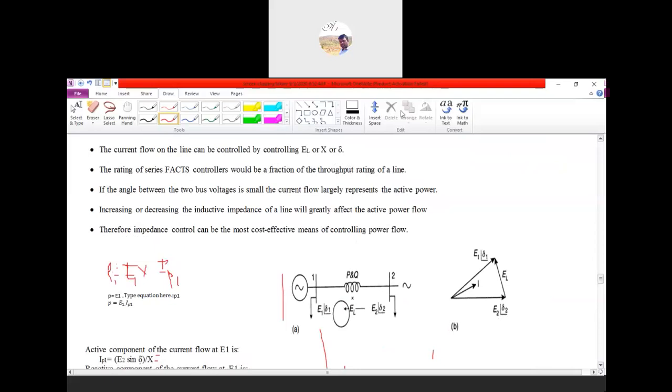If we consider the reactive power, it also varies with E1 and E2, so we have to control those reactive components. Whatever the load angle is there, that is delta.